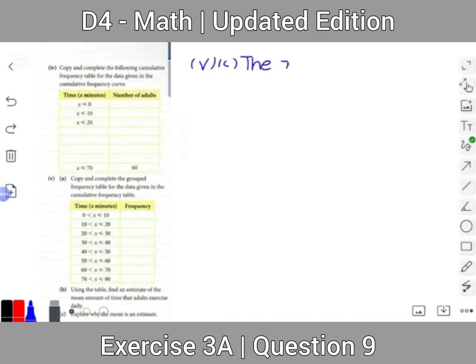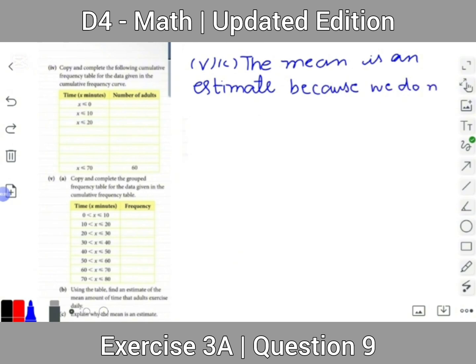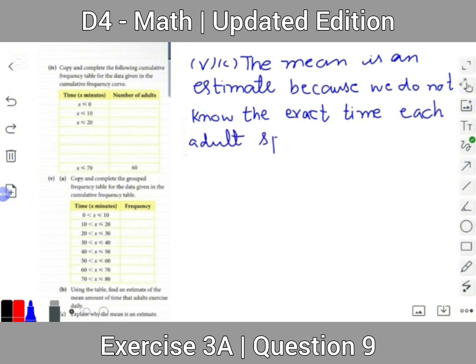The mean is an estimate because we do not know the exact time each adult spends exercising.